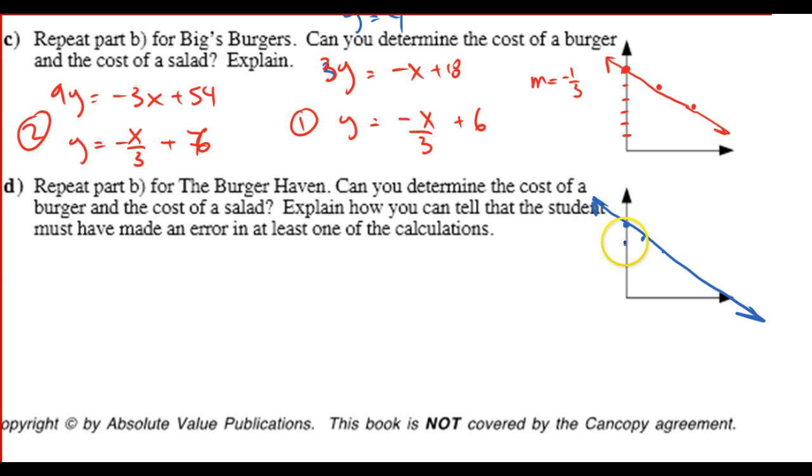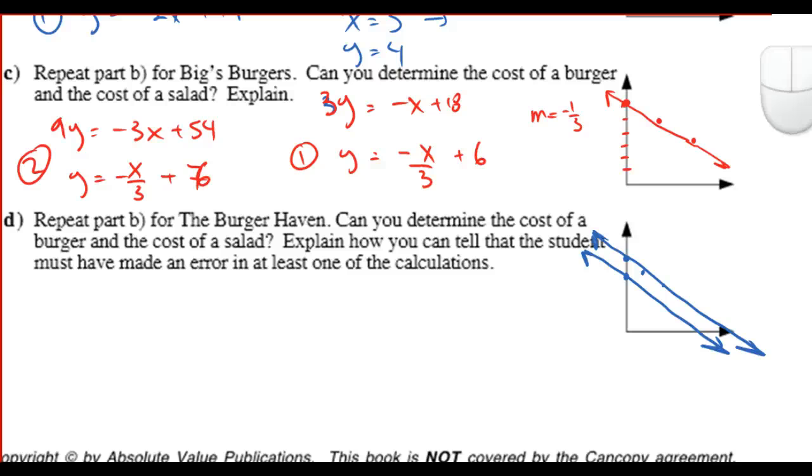The second equation has y-intercept at 7 and the same slope. If it's the same slope, we know from the previous unit these lines are going to be parallel. And the problem says here, explain how you can tell the student must have made an error in the last one of his calculations.